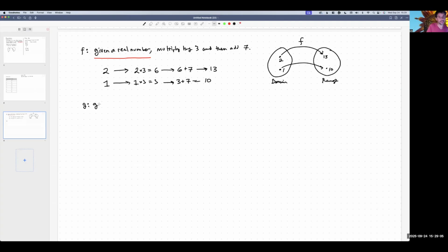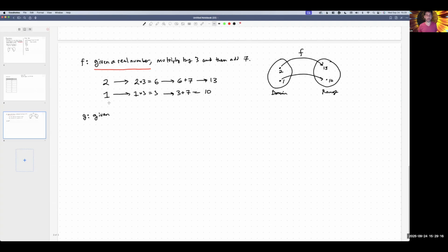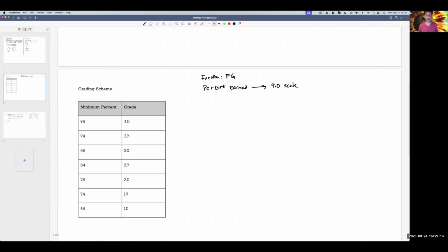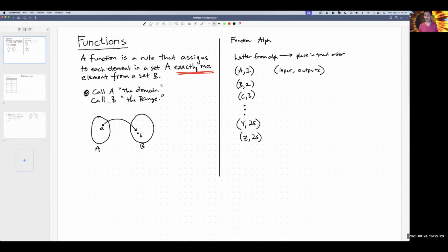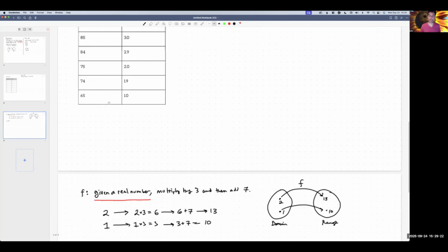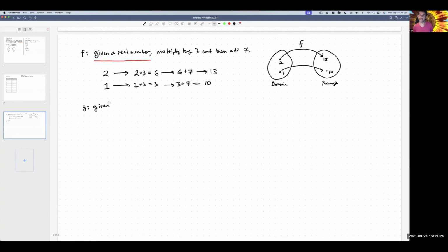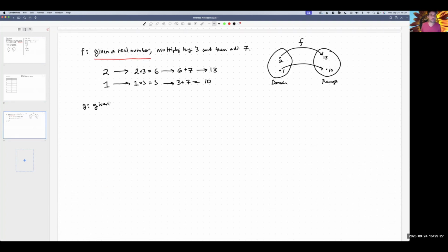And I will say given, just giving it the name. By the way, these names are arbitrary, though we'll see as we move forward, f and g are going to be common names. We can name our functions whatever we want, such as what I did above. f was one function, the f function, right? It's a rule, and I just want to give it a name. So we can name them whatever we want. We'll often use f or g.